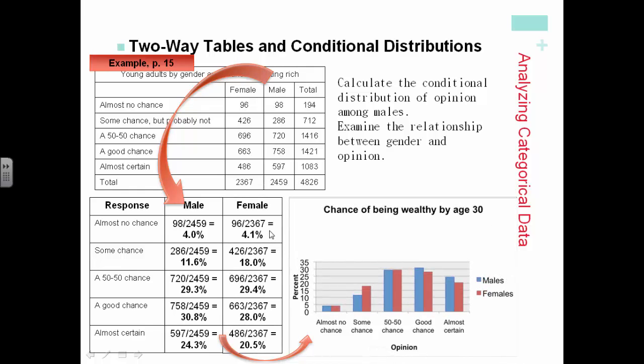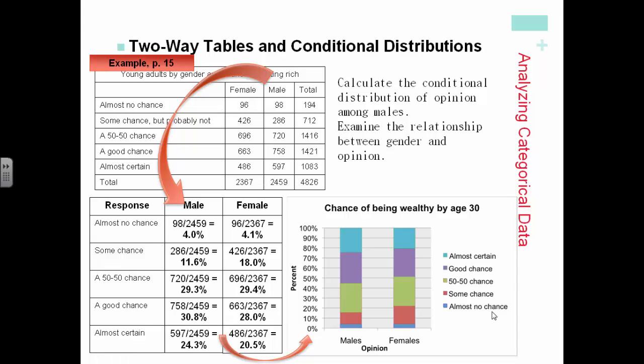If we add a second column for females, we would take, for example, the 96 out of the total number of females for this column. We divide them to get our percentage, and this would be a side-by-side bar graph for the data. Notice females are in a different color next to the other bars.